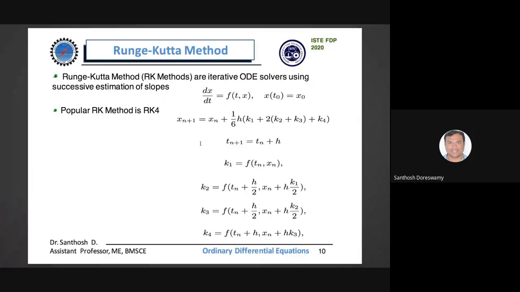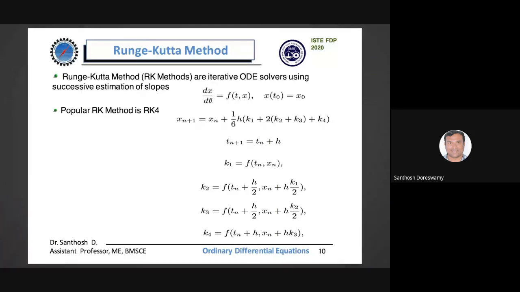Okay, so suppose you take a first order differential equation of this form, dx by dt equals f of t comma x, with a prescribed initial condition x of t 0 is equal to x naught. So this is your initial condition as what we had specified in the previous problem. Then your solution depends on the time.